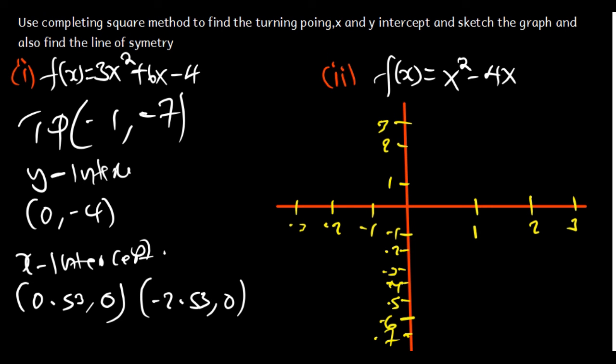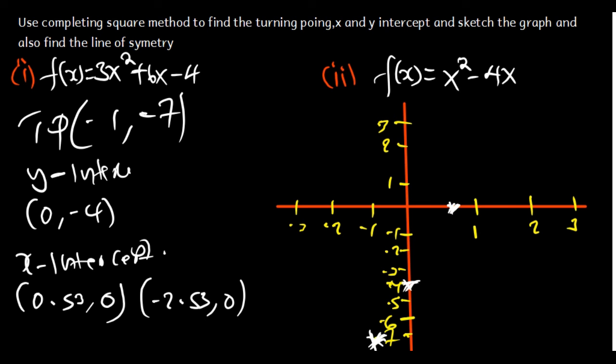Now what we have to know is that is our turning point. Negative 1 comma negative 7 is this point here. Then we have the y-intercept where the graph is going to cut, which is negative 4. So this is our negative 4 here. Now on the x-axis we have 0.53 comma 0, which is somewhere here.